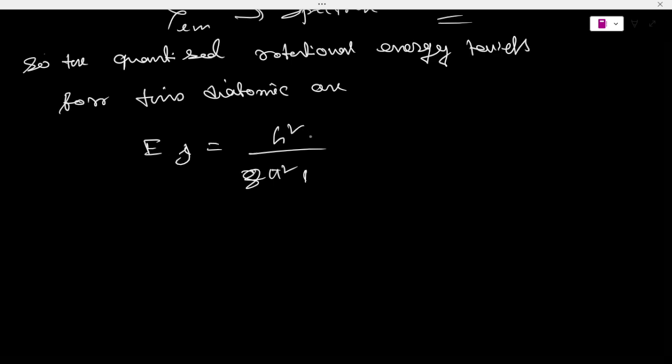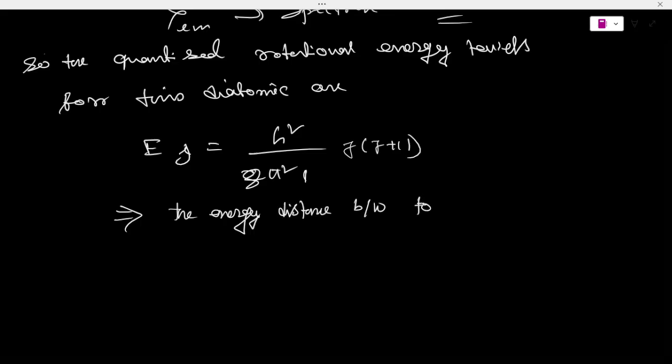So here you can see that h by 4 pi I into J plus 1. After that, the energy distance between two rotational levels is usually expressed in centimeters inverse.